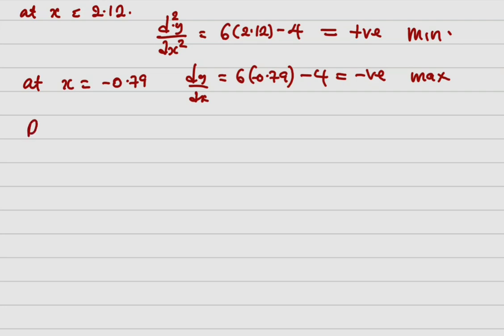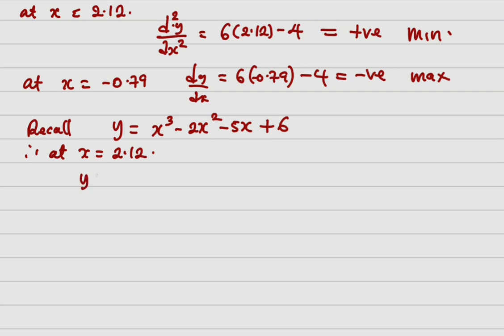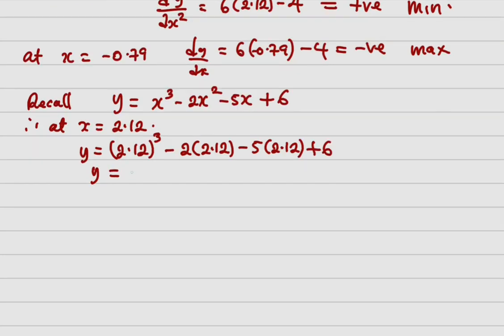Recall that y is equal to x cubed minus 2x squared minus 5x plus 6. Therefore, at x equals 2.12, y will be 2.12 all cubed minus 2 into 2.12 squared minus 5 into 2.12 plus 6, which gives y equal to minus 4.06.